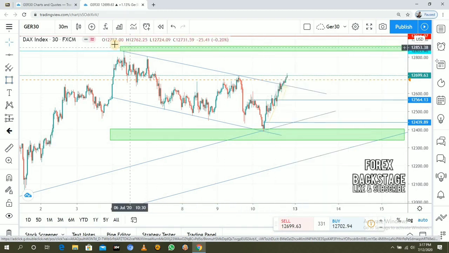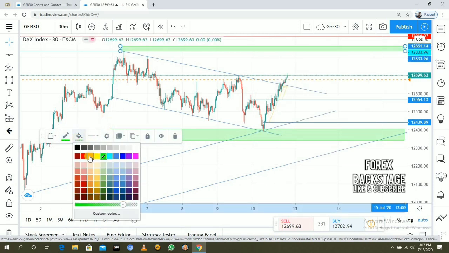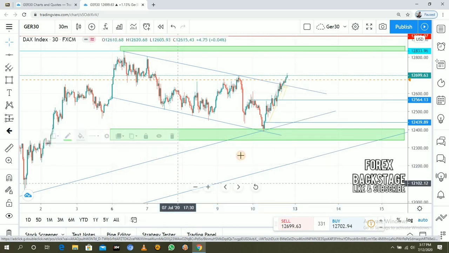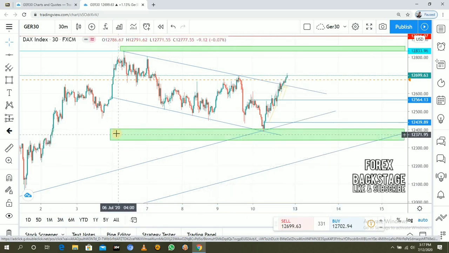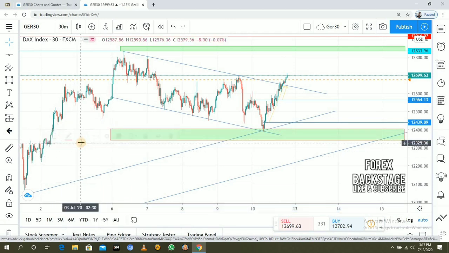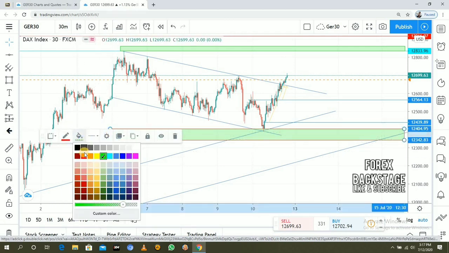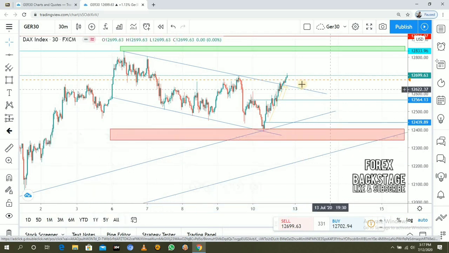So we can change the color of this. Now let's change the bottom one, this one. Can change it maybe to red. Just changing the support to red.